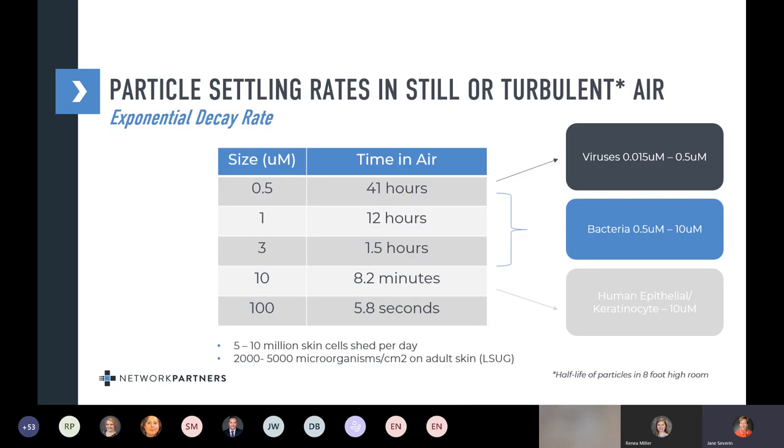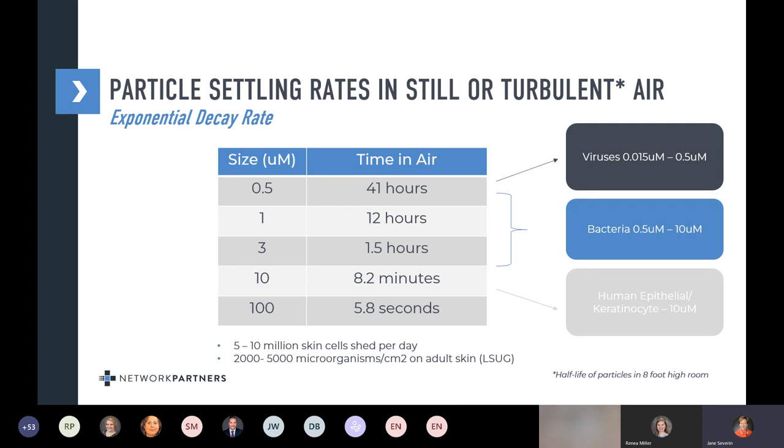This chart talks about the settling, in still or turbulent air, of contaminants and particulates. And again, it's based on mass. Viruses, being the smallest at 0.015 micron to 0.5 micron, can be in the air for up to 41 hours approximately.